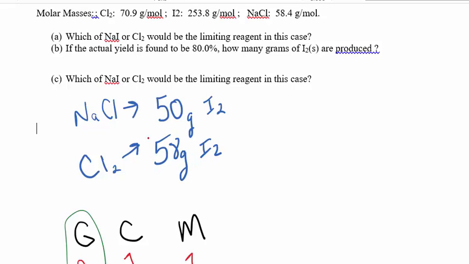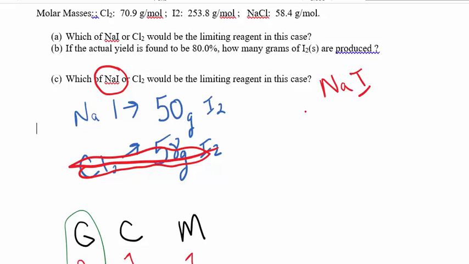Well, that's nice, but we can't do 58 grams because we don't have enough of the NaI. So we only have enough for this, so we've got to cross this out because that's a pipe dream. We don't have enough of these to make it. So the answer is our limiting reagent is NaCl, right here.